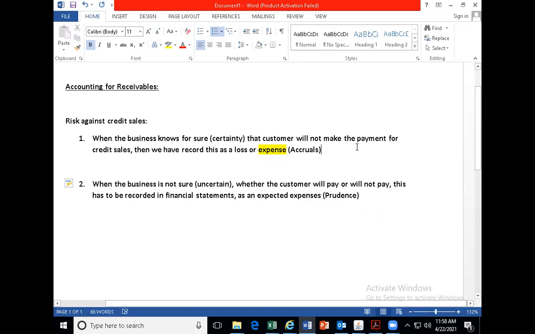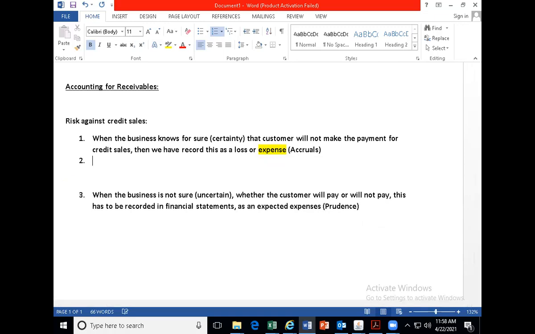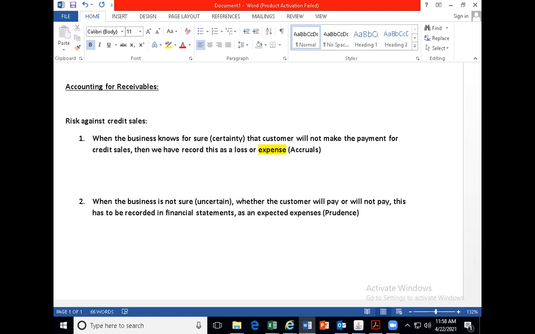Now, as far as the confirmed risk is concerned, when there is 100% guarantee that the customer will not pay, in the old terminology we used to call it bad debt. We don't call people bad anymore because now we are more civilized, I suppose.